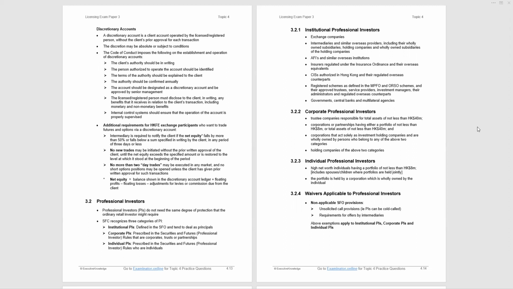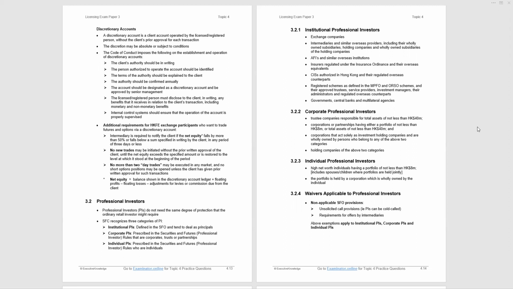Then on top of that, no new trades may be initiated without the prior written approval of the client until the net equity exceeds. In other words, if you've gone below 50%, then it ceases being a discretionary account. You've got to get prior written approval of the client. And the third point, no more than 2 day trades.